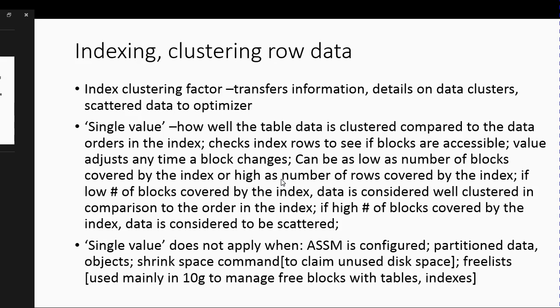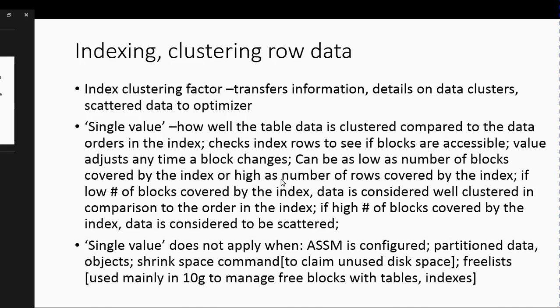Now I'm going to focus on what's called the index clustering factor. Remember I gave you last time the example of the cluster where you have a rack alignment, as opposed to the cluster which is more granular, at the table object and row data level.